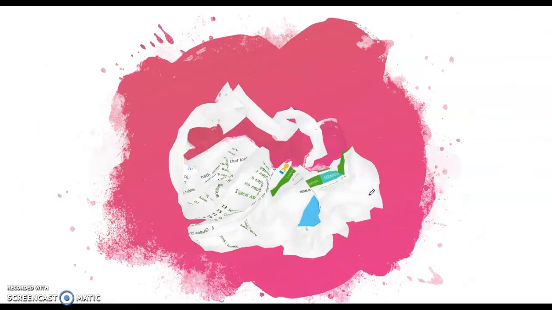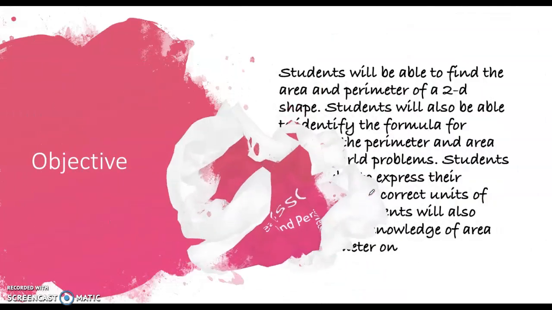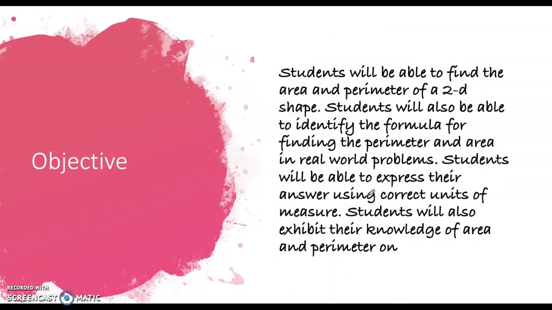So now, since we talked about the technologies, let's get on to the lesson about area and perimeter. For the objective of this lesson, students will be able to find area and perimeter of a 2D shape. Students will also be able to identify the perimeter and area in real world problems. That's important.